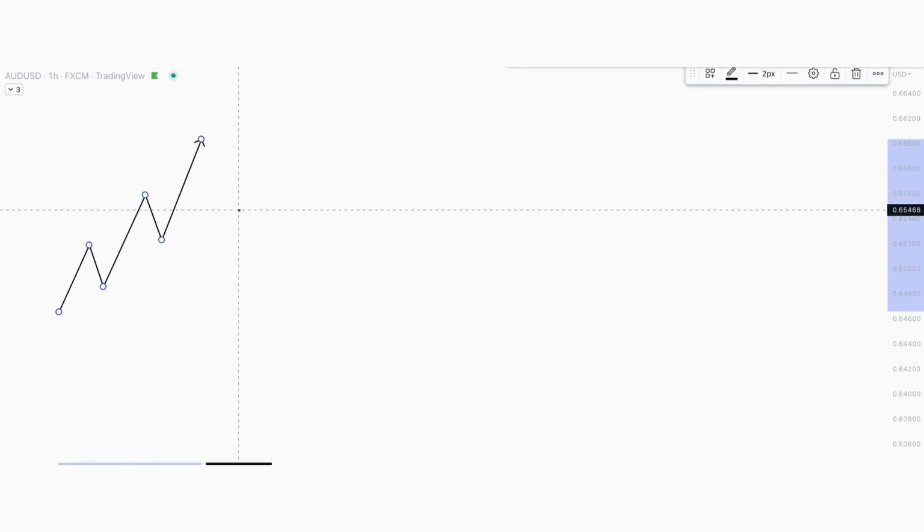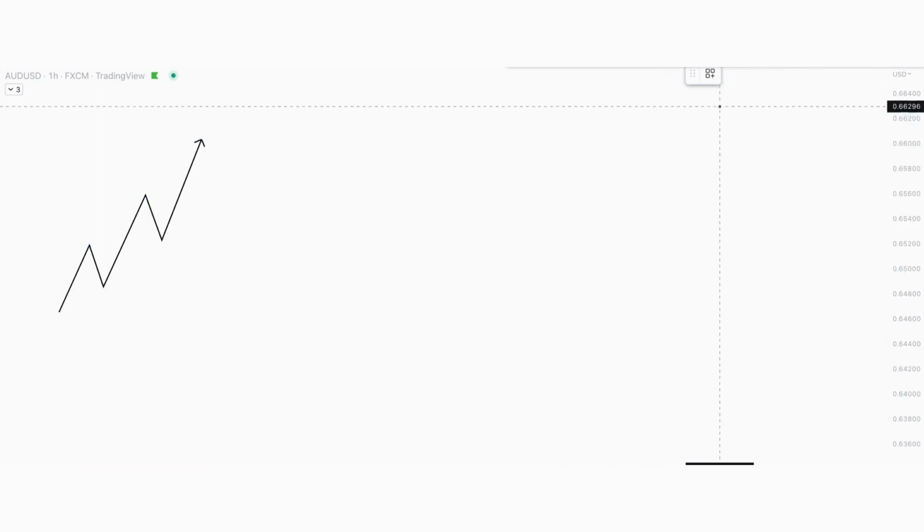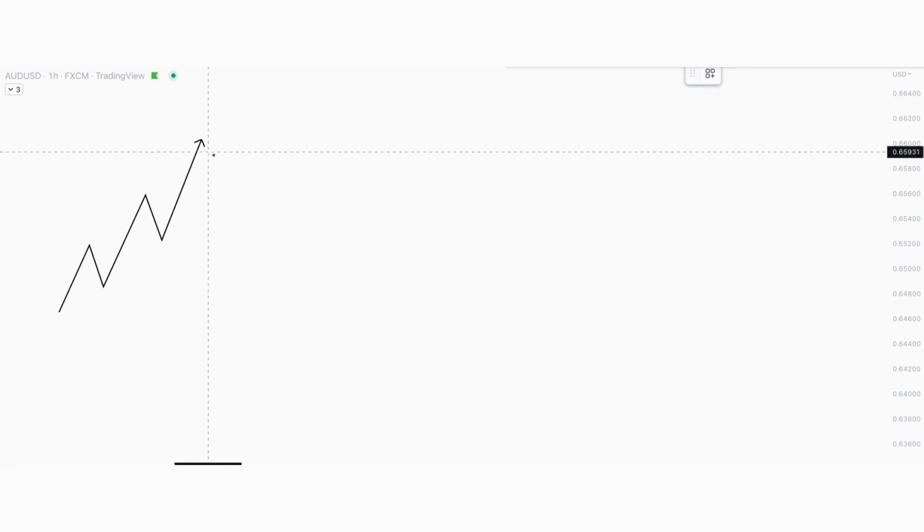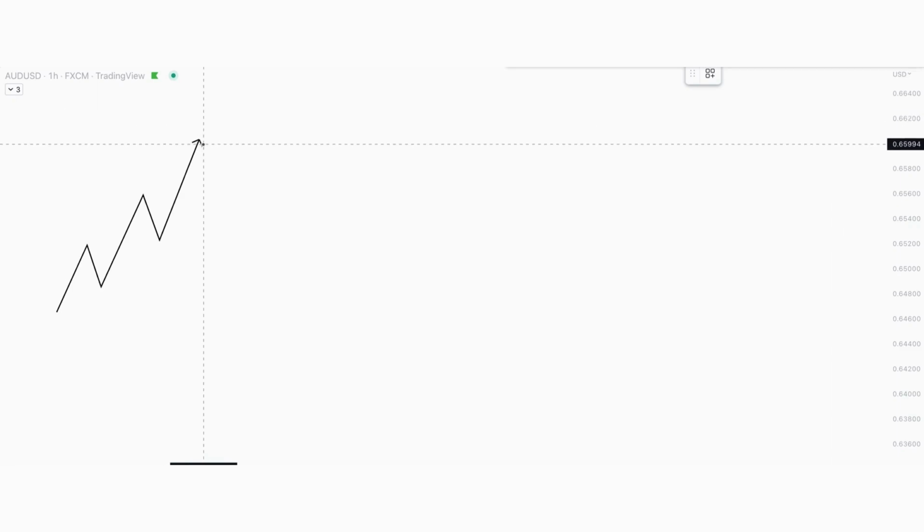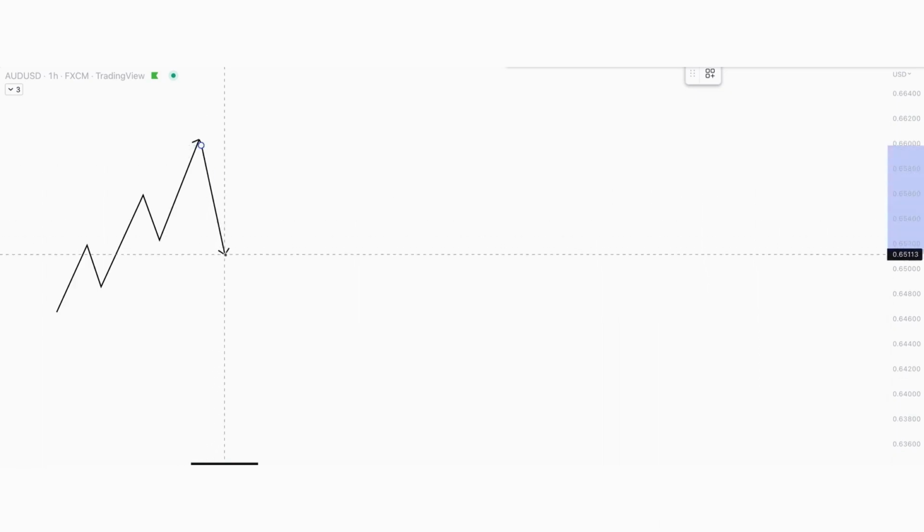Sometimes price has a move to the downside, which is reversing to the downside. When the price reverses, there's a supply created, like when it's in the bullish trend and price does like this.